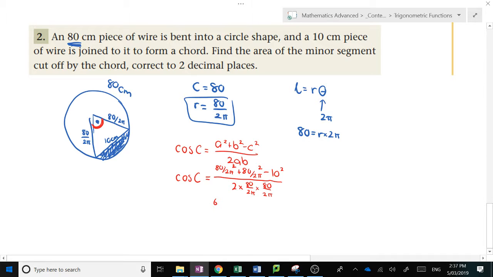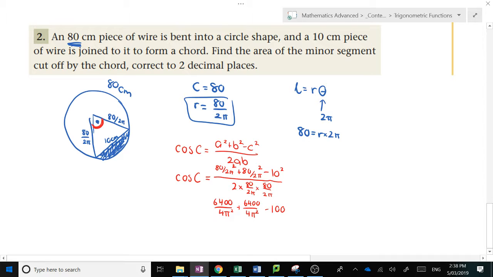So, I don't know if we can keep this in terms of pi, but let's give it a go. 6400 over 2 pi plus 6400 over 2 pi. I mean, not over 2 pi, over 4 pi squared. I just squared the whole thing.